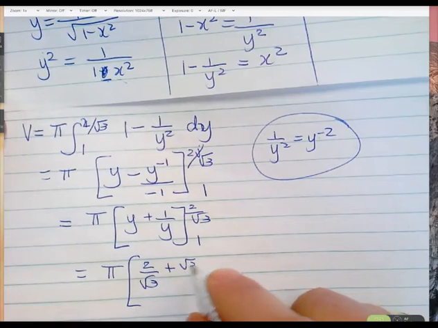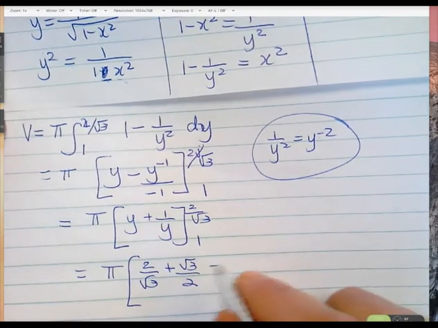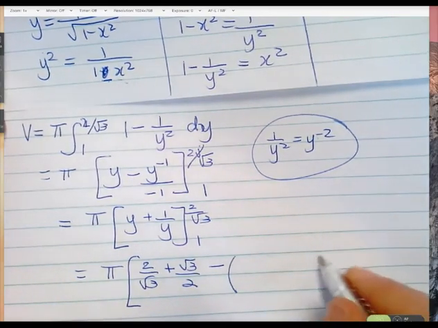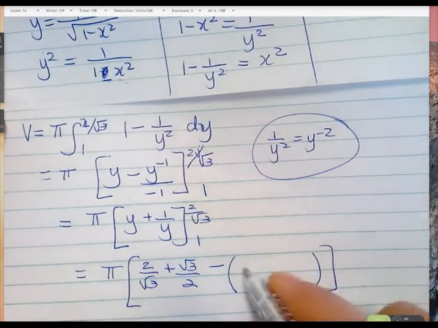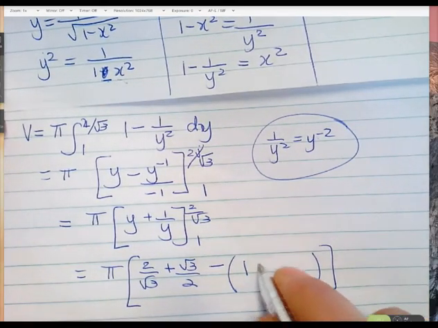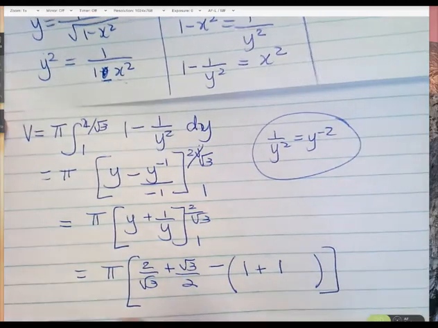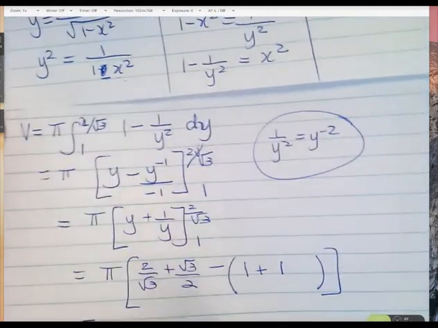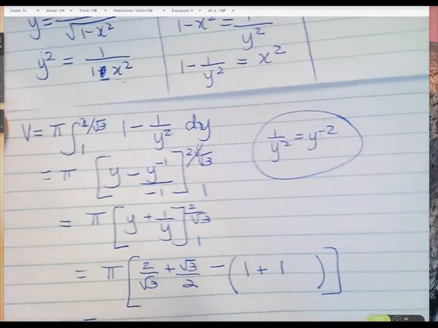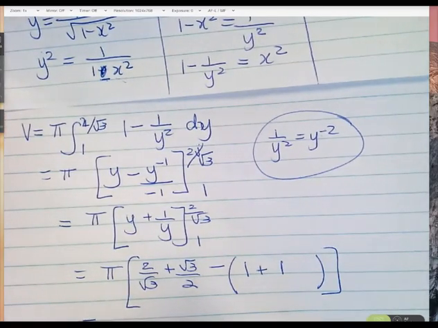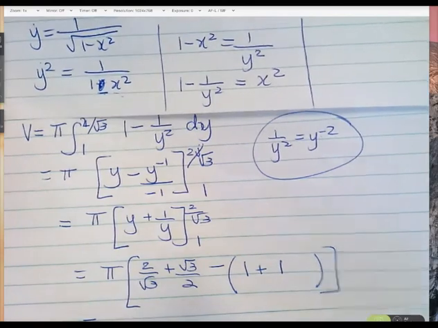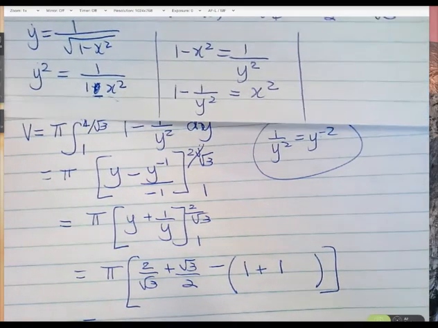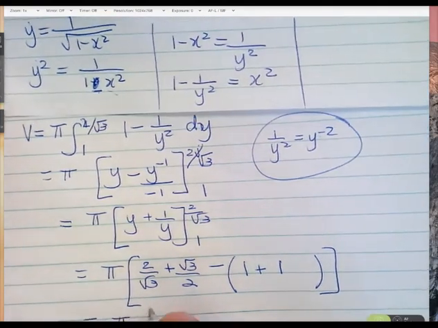Isn't it just root 3 on 2? Yeah. Minus, bracket, minus what? 1 plus 1. So it's whatever that is. And then you have to go common denominator more than likely. Yeah, common denominator and rationalise it. So we've got pi.